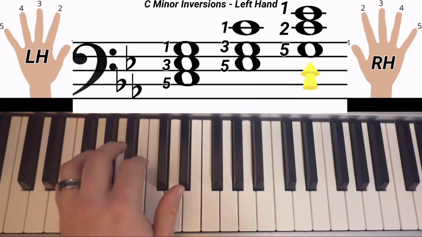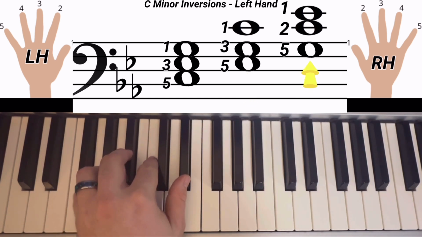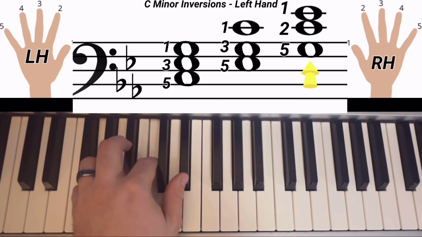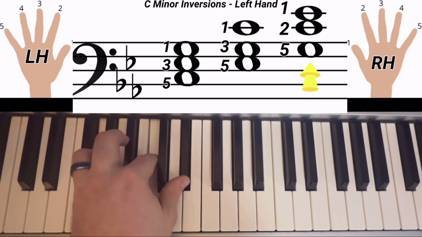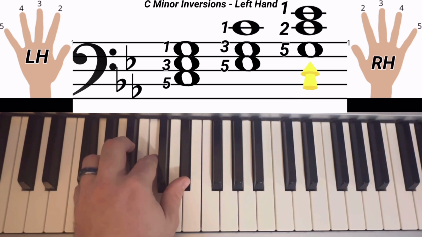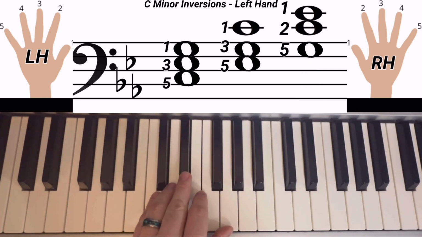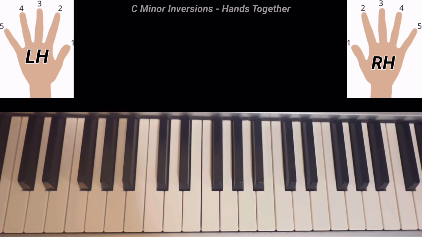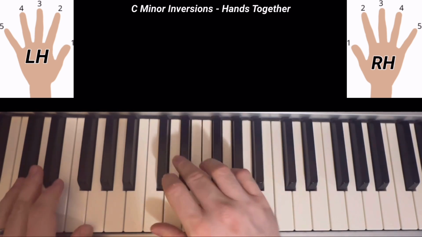Then we'll move up, putting finger 5 on G, and play the second inversion of the C minor chord, which is spelled G, C, and E flat, using finger numbers 5, 2, and 1. And finally, we'll move up one last time to play that root C minor chord with fingers 5, 3, and 1. Be sure to practice each hand slowly, and then try putting them together, which will look like this.